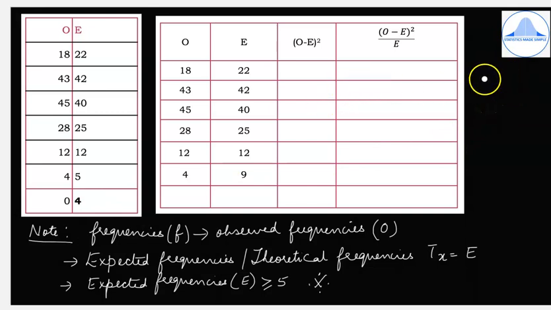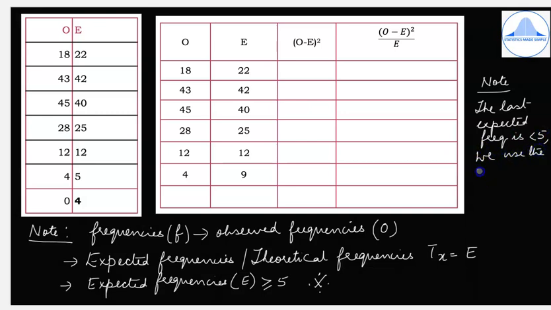I'll just write it here in the box, another note: the last expected frequency is less than 5, we use the method of pooling. Please keep this in mind.